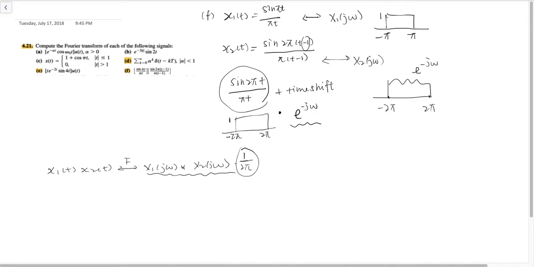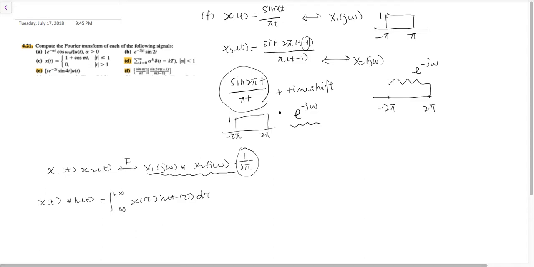Recall what we learned from continuous time convolution. x(t) and h(t) do convolution: it's the integral of x(tau) h(t minus tau) with respect to tau.